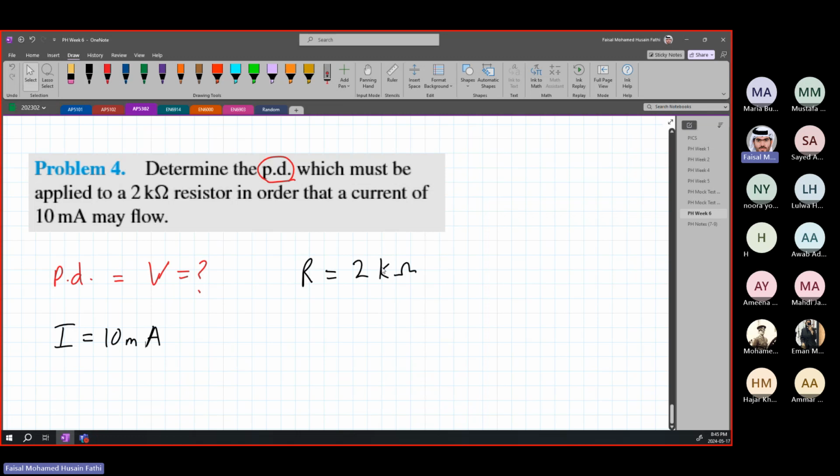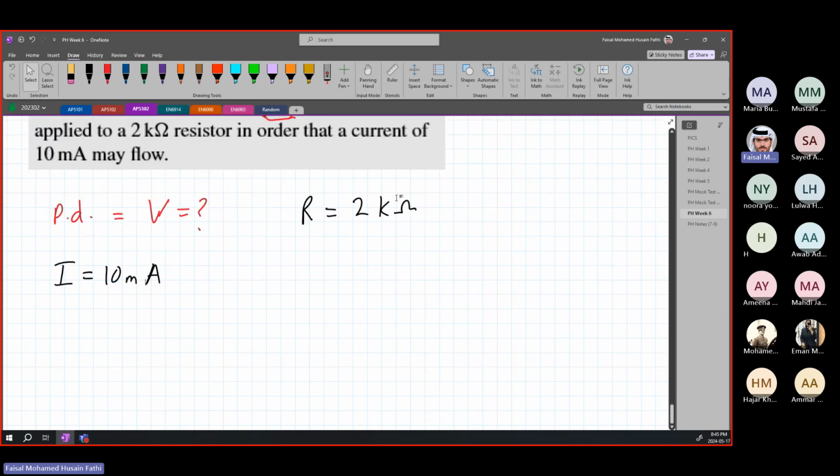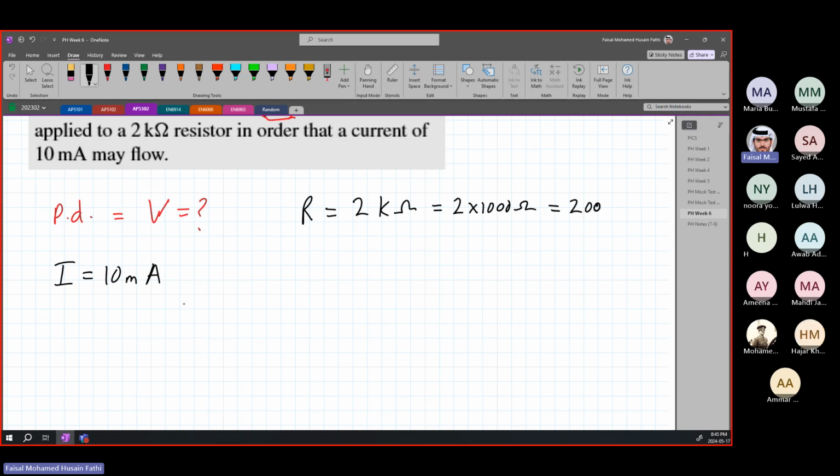Now notice here we have kilo, we have milli, we need to convert these back to ohms and ampere. So let's start with this. Kilo basically means times 1000, so 2 times 1000 ohms, which is 2000 ohms. Milli means just times 10 to the negative 3 or divided by 1000, okay? So the current is going to be equal to 0.01 amperes.